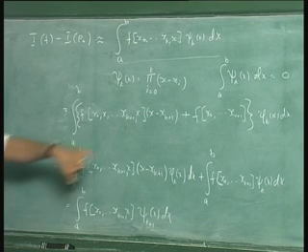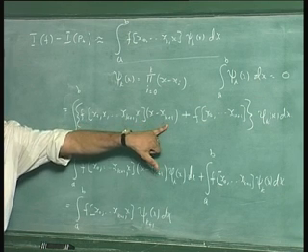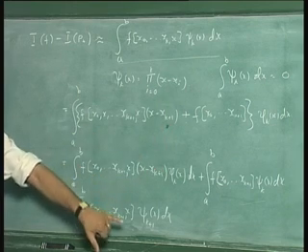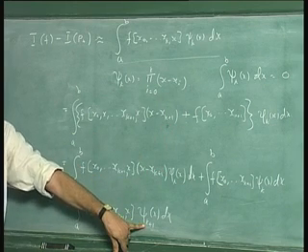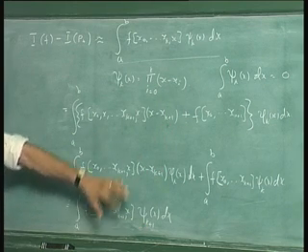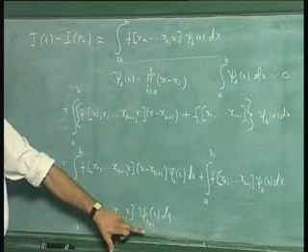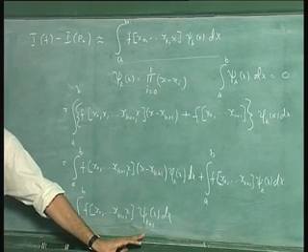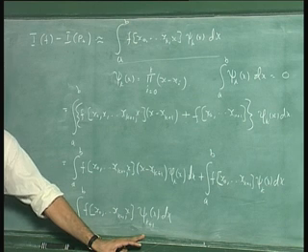Now I choose this k+1th point such that this product psi k+1 is of one sign, that is either plus or minus throughout the interval a to b.